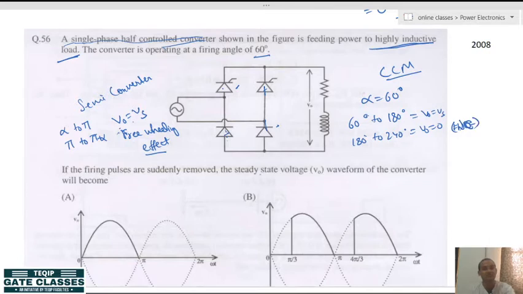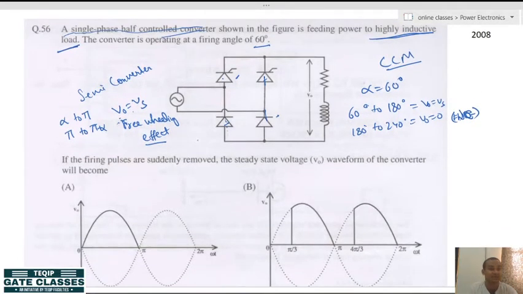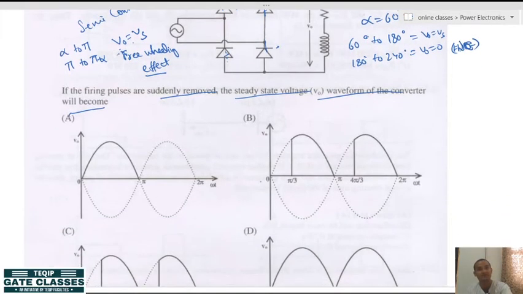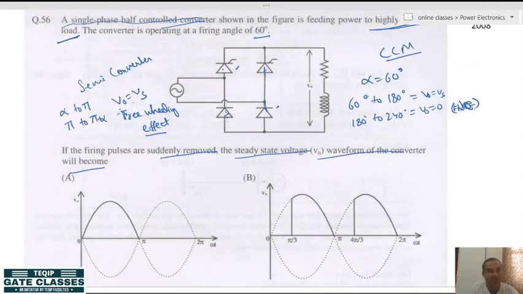Now see what is given: if the firing pulses are suddenly removed, what will the steady state voltage of the converter become? Let me understand this question clearly. If the firing pulses are not removed, then obviously the converter output voltage must be like this.